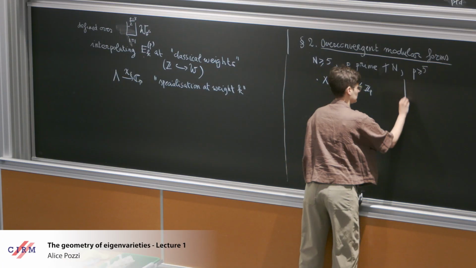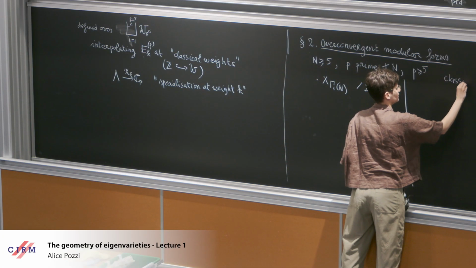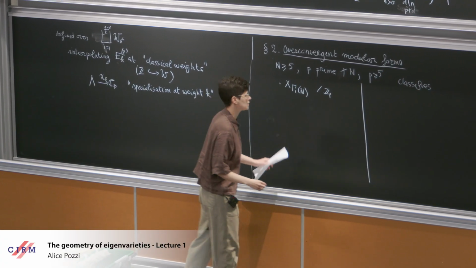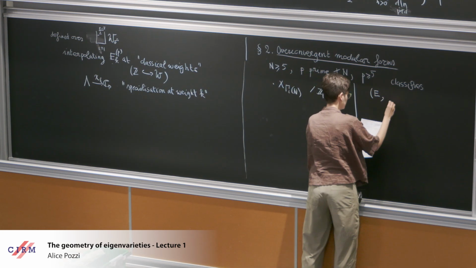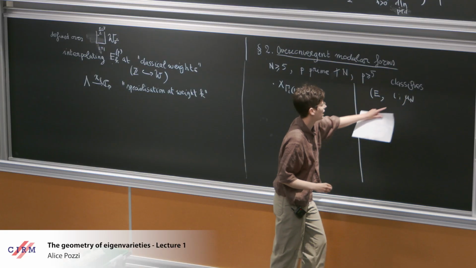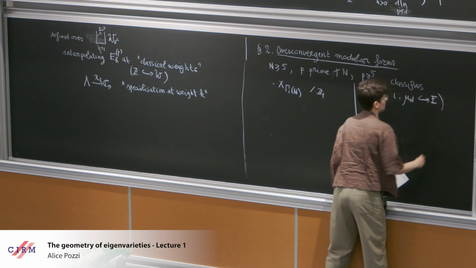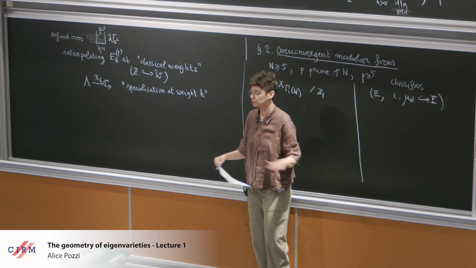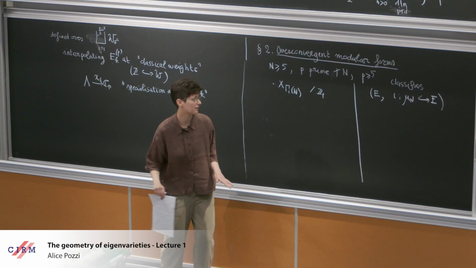So what does this classify? On the complement of the cusps, it classifies pairs of an elliptic curve and a level n structure that I'm going to view as a map from the group μ_n into E. This level n structure is going to play no role in the discussion, and in fact, I'm going to drop it from the notation whenever I can.